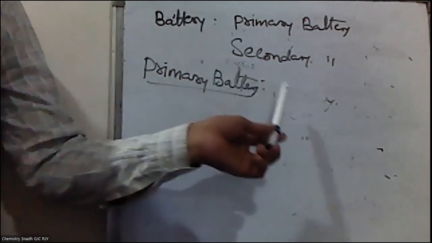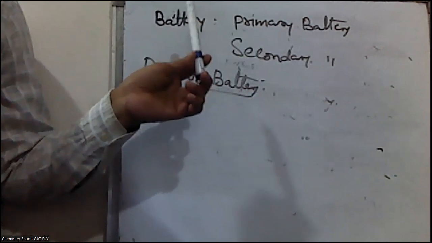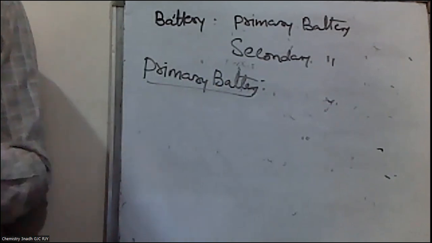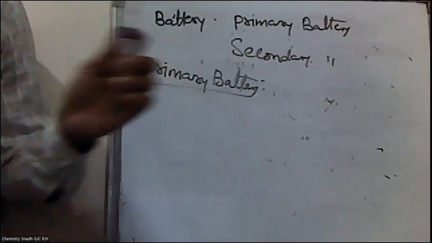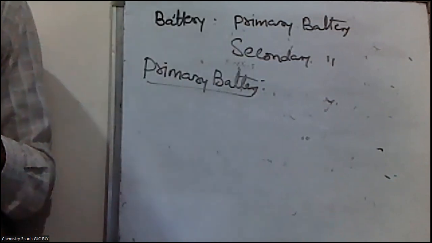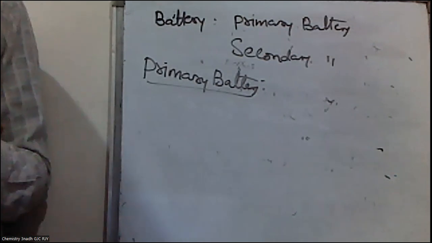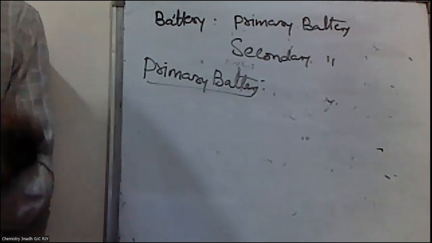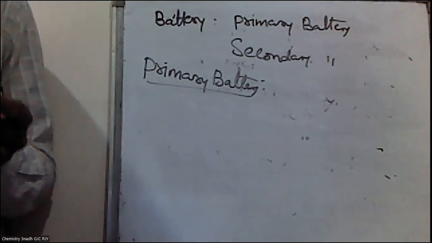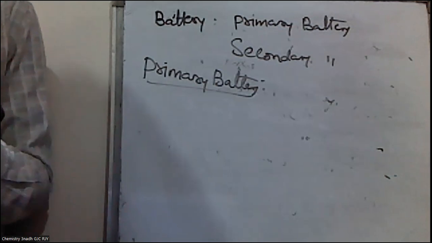In primary batteries, after their use over a period of time, the battery becomes dead, the cell reaction is completed, and it cannot be reused.